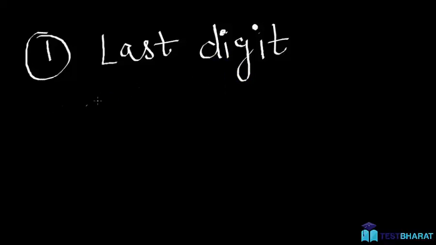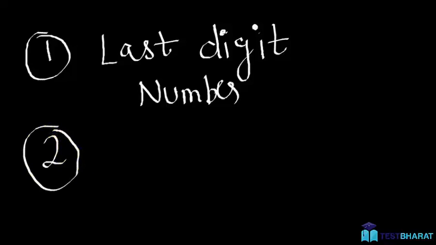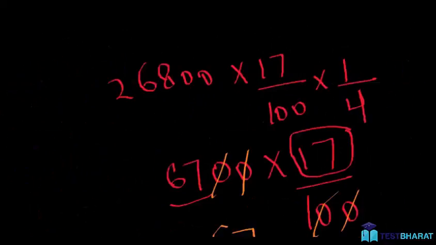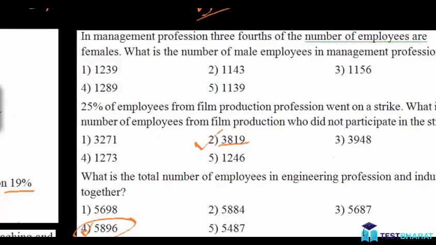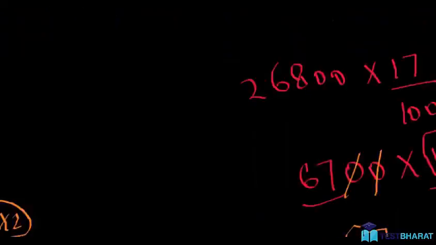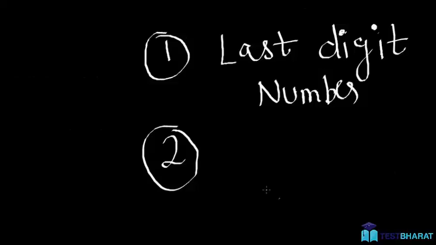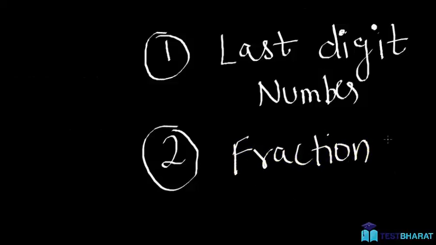That's it. So we have learned this trick, use this trick. And the second thing is, all the other questions we have done so far, on use of fractions, I have told you many times. Use fractions. That's it.